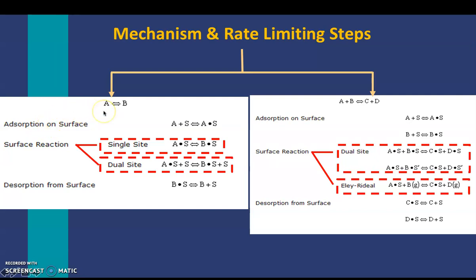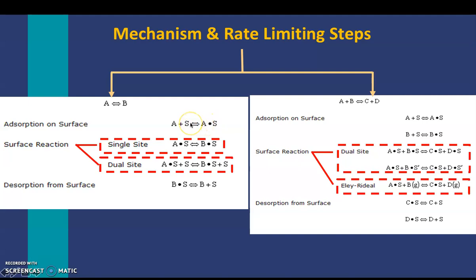Okay, let's consider the first example of reaction, A producing B. So the adsorption on the surface would be A plus S, with a reversible sign, A dot S. Adsorption is a reversible process, so we use a reversible sign.